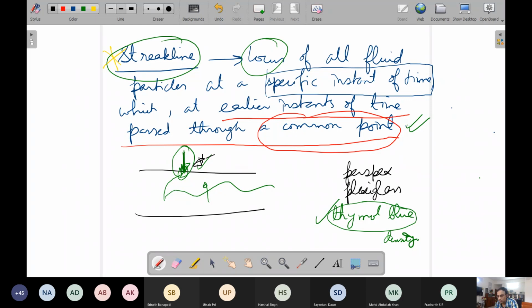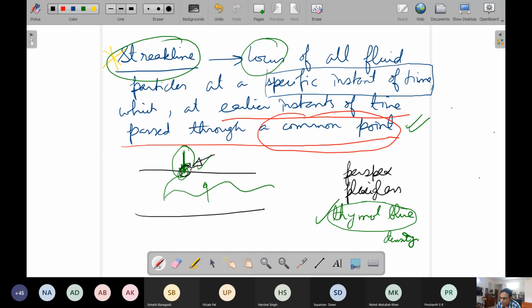How controlled or how slow? Controlled or slow to an extent that at the point of injection, you already do not create a relative velocity between the water and the dye.